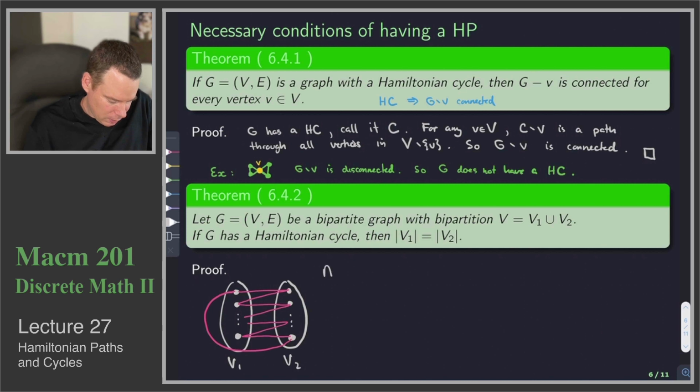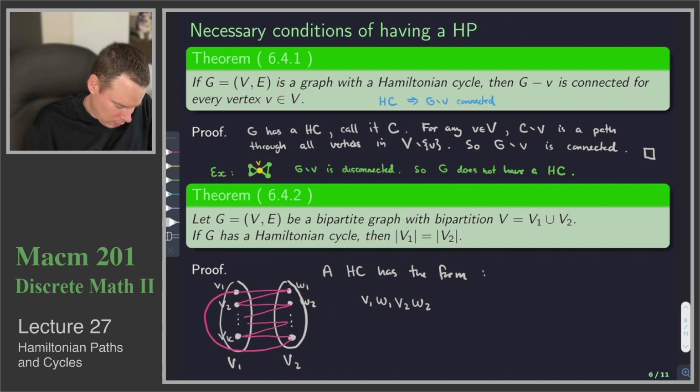So what we have is that a Hamilton cycle has the form V1 and then a partner in the other half of the bipartition, W1, and then come back to a vertex V2 and then W2. So I can label them here, V1, W1, V2, W2, all the way down to some VK across to some WK. So VK to WK, and then WK has to come back home to V1. So they have to occur in pairs.